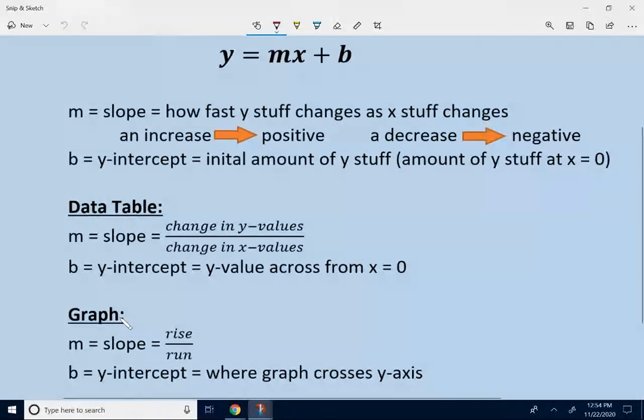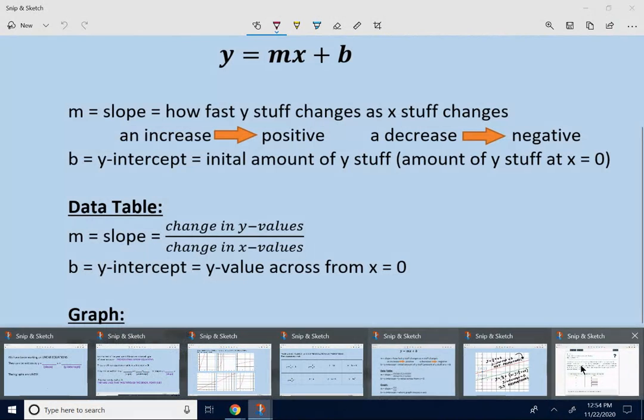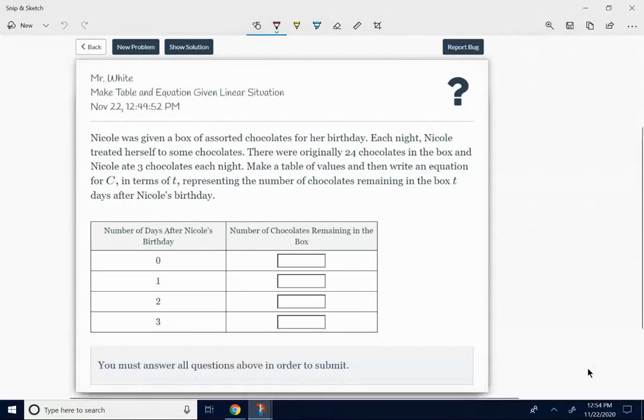In a graph, the slope, how fast things change, is rise over run. The y-intercept is where the graph crosses the y-axis. I want you to start to see how all of these are related to each other when you do this assignment.